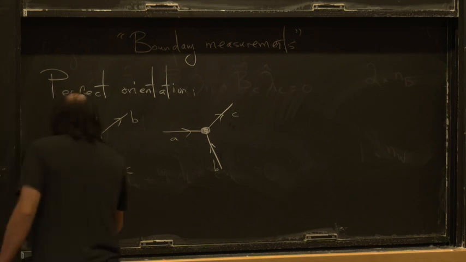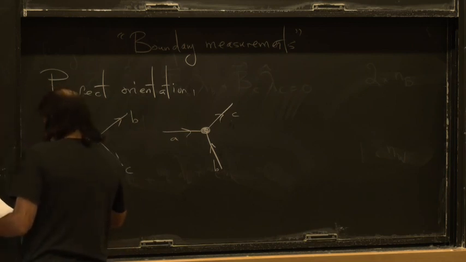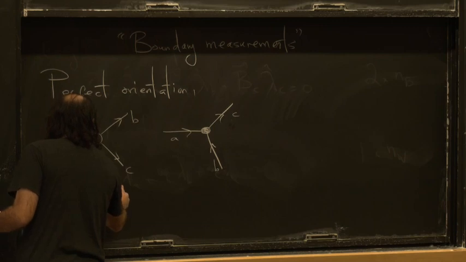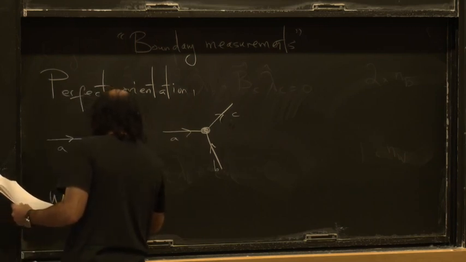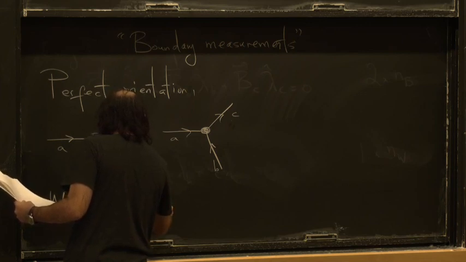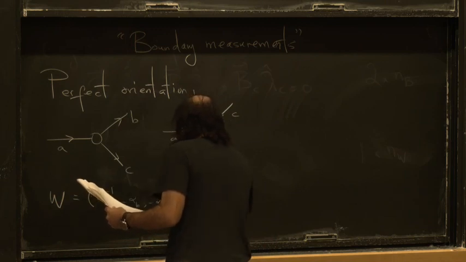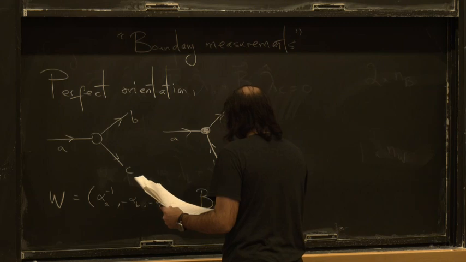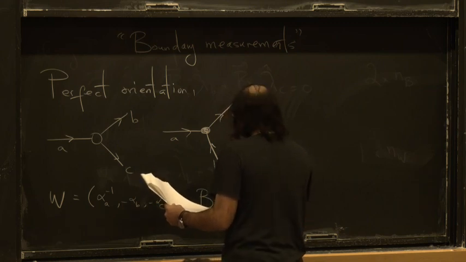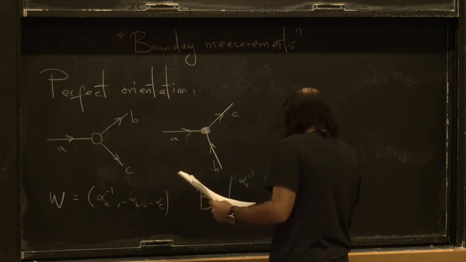But I'm going to be very slightly sneaky here, and I'm going to write it in the following way: alpha A inverse, negative alpha B, negative alpha C. And similarly, this black 2x3 matrix, I'm going to write as alpha A inverse, 0, 0, alpha B inverse, negative alpha C, negative alpha C.